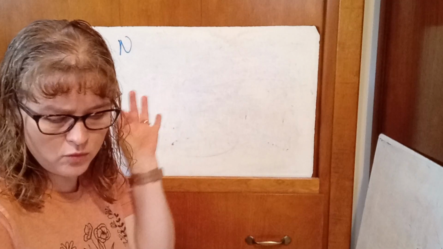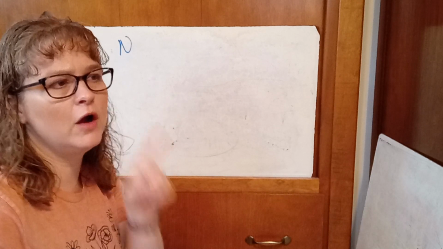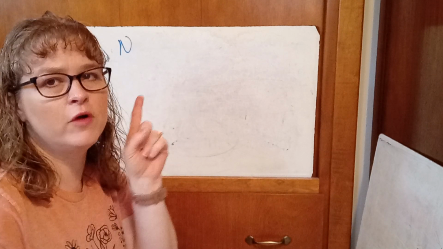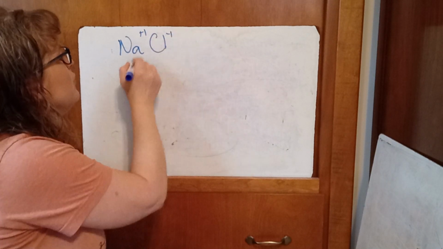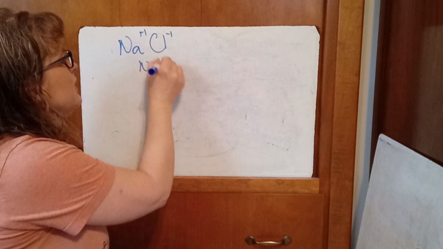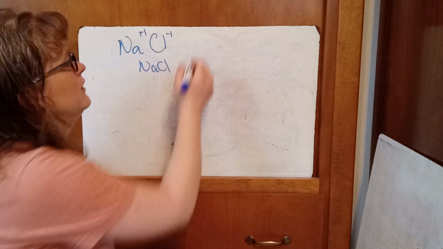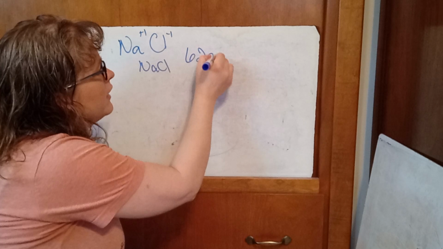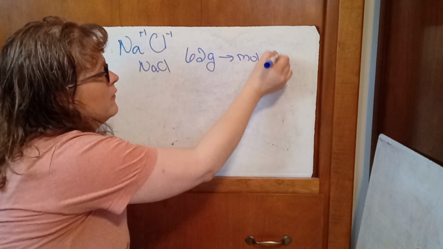There are no prefixes, therefore it is ionic. So sodium is +1, chloride is -1, NaCl. Okay, let's say we have 62 grams and we want to know how many moles we have.